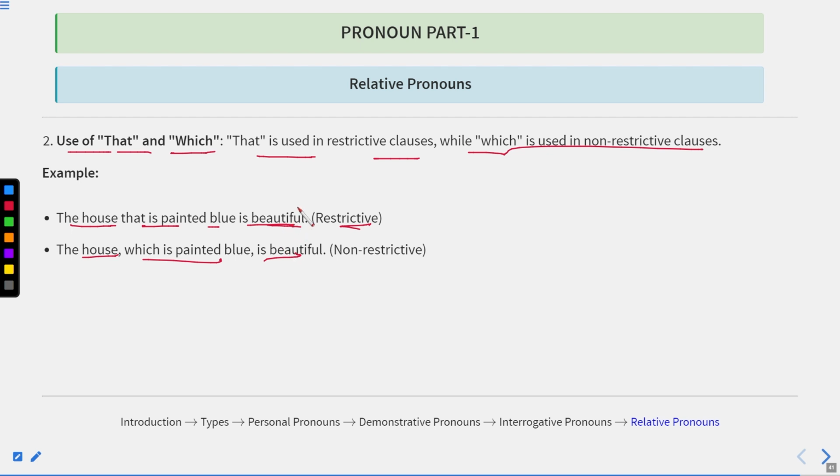In the first one, we are talking about the house that is painted blue, meaning we are only talking about that house which is painted blue. But in the next sentence, we have focused on the house, not the blue paint, although the blue paint gives some additional information about the house. The most important thing about restrictive and non-restrictive clauses is just the commas. They make the sentence restrictive or non-restrictive, according to which we can use either that or which.